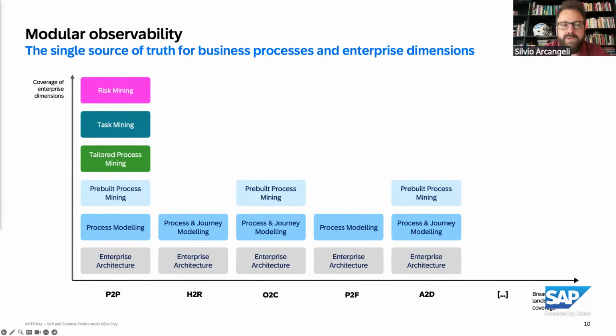And that's where you can do a little bit more investment to add a tailored process mining approach on top of pre-built. Then perhaps if you want to save money by improving the automation rate around your procurement, you might also need to deploy some task mining to check how your users are actually executing the process activities. And you might want to deploy some risk mining to facilitate the compliance aspect around your change, right?